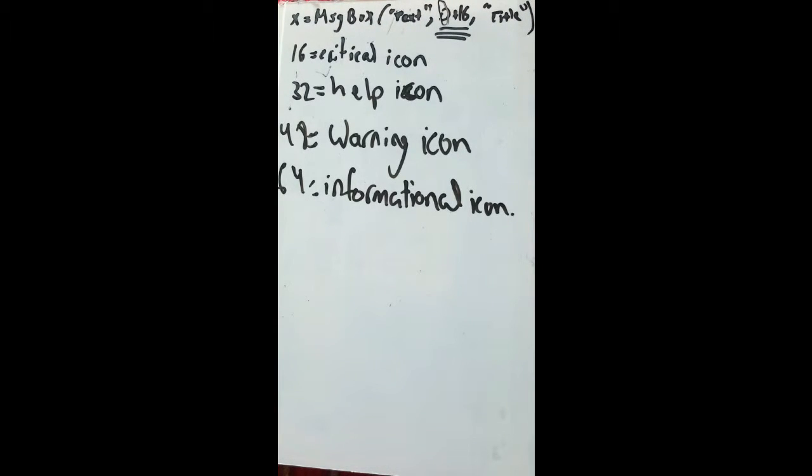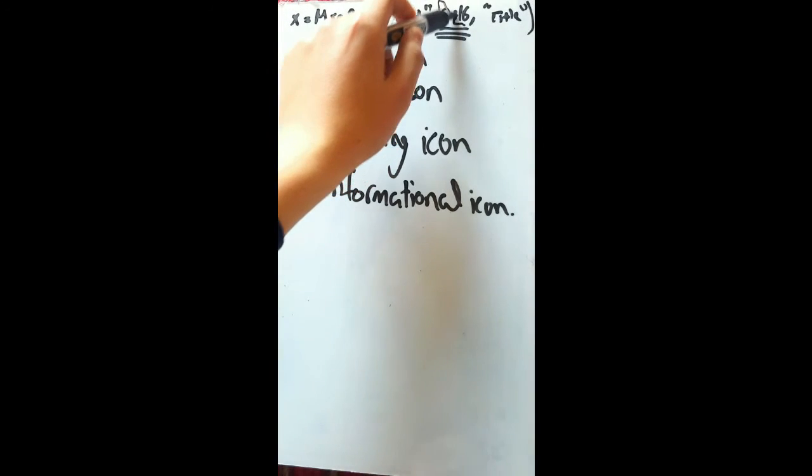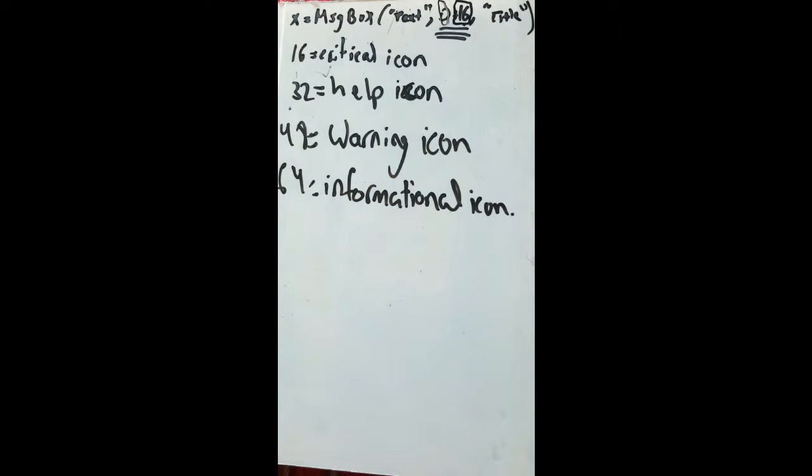And now I'll move on to the 16 part. This part is responsible for the icon that appears next to the text. Instead of 16, you can write 32, 48, or 64. The 16 gives you the critical icon, as you saw in the example.